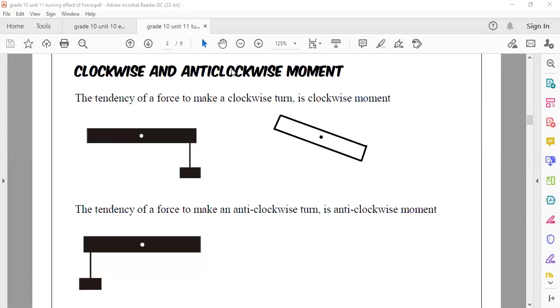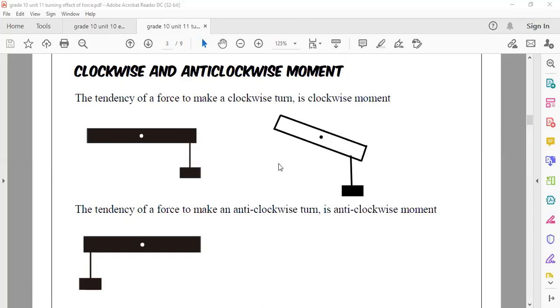How is the weight going to stay? Vertically downwards. Correct? Is it turning in the clockwise direction or anti-clockwise direction? Clockwise direction. So it is called clockwise moment.